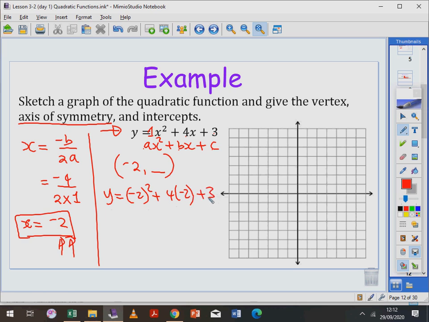This is 4 minus 8, that's negative 4, plus 3, that is negative 1. Yes, negative 1. So my vertex is the point negative 2, negative 1, right here. And at the same time, this is the axis of symmetry.